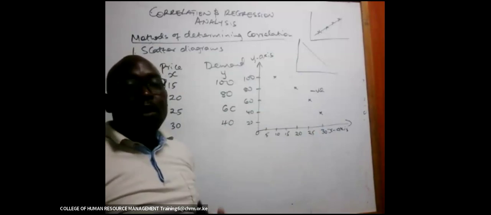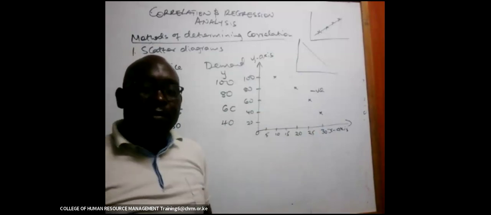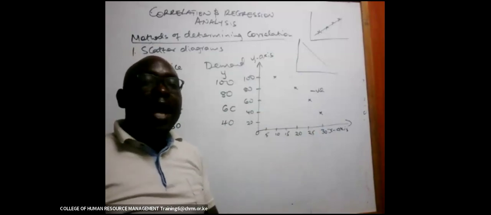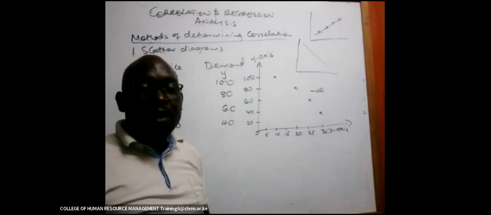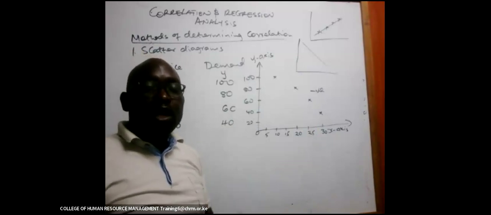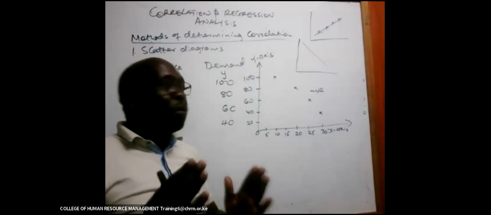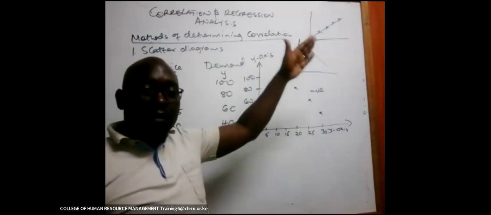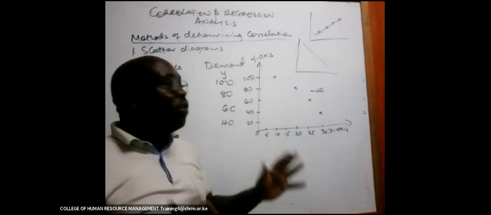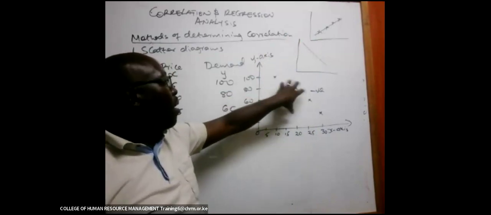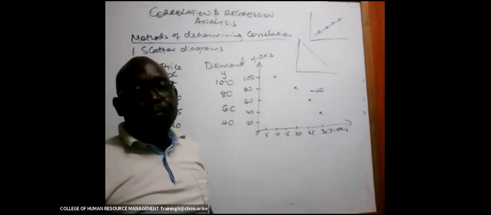Negative can either be perfect negative, low negative, or high negative. The same case, we can have a correlation whereby we have a perfect positive, high positive, or low positive, depending on how these points behave.